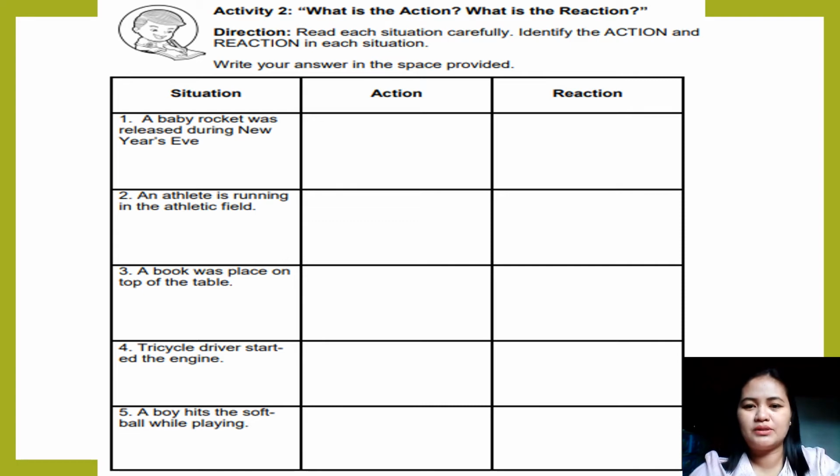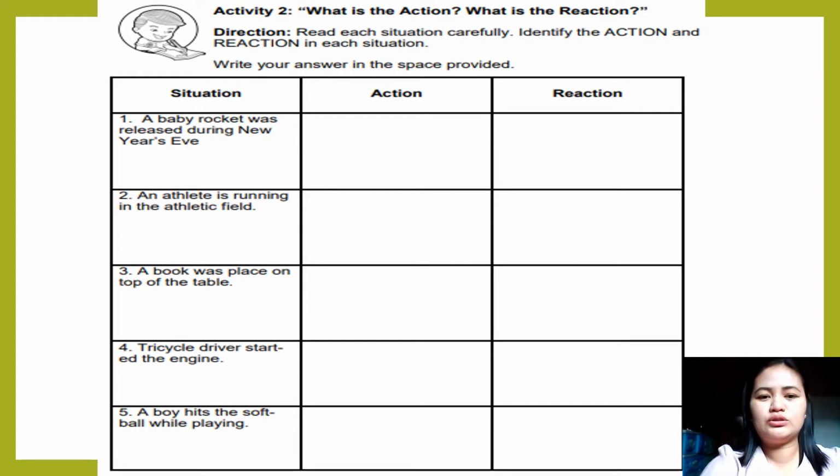Just like the examples in the video, we have the frog and the ocean water, we have the ball and the table, the bird and the air. Okay, mga ganon. So, you just write in your paper since you are using your answer sheet number 1 and then you don't need to copy the situation. Just write your answer for action and reaction.